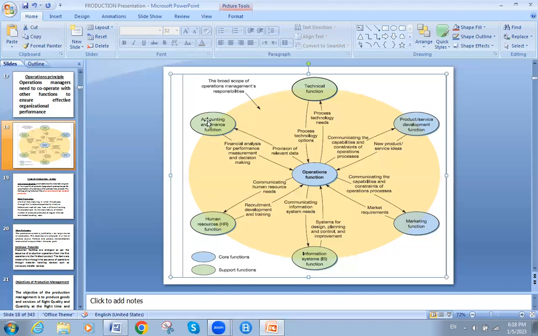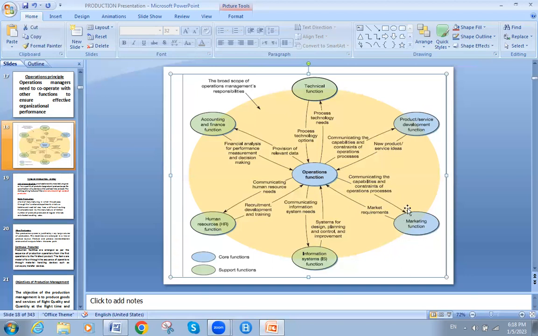They are interdependent, not independent. Interdependent means each one depends on the other, like you see the arrows on both sides. It is a mutual effect.